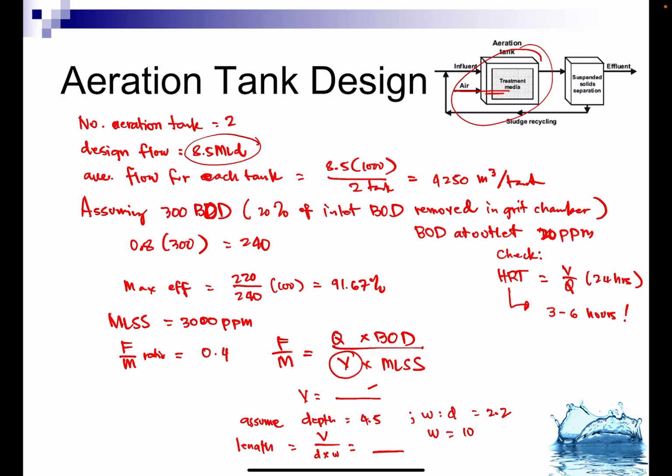It's the volume that you got, divided by your Q, which is the average flow for each tank, so this V divided by 4,250 cubic meters, assuming we started with 10 MLD.